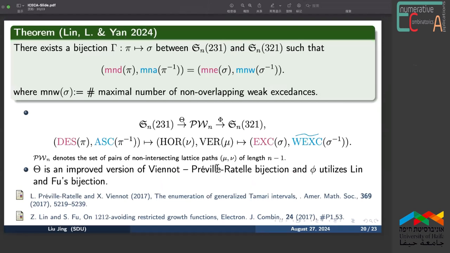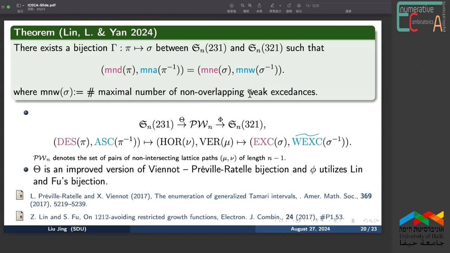Additionally, we find another statistic, the maximum number of non-overlapping weak exceedances, abbreviated as MNW, over 321-avoiding permutations. The pair MNE and MNW has the same distribution as the pair MND and MNA, where pi is a 231-avoiding permutation and sigma is a 321-avoiding permutation.